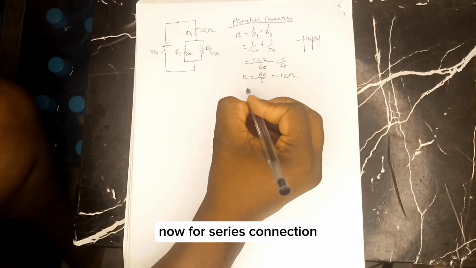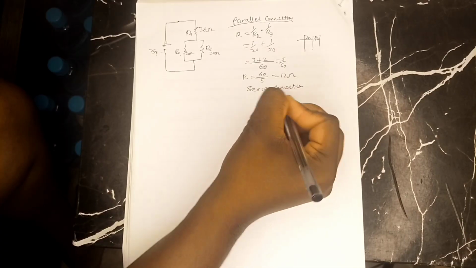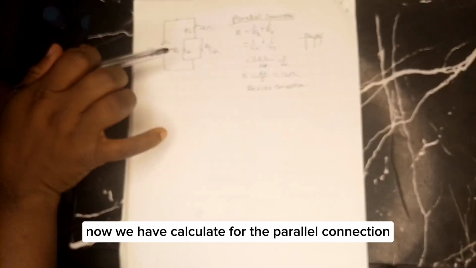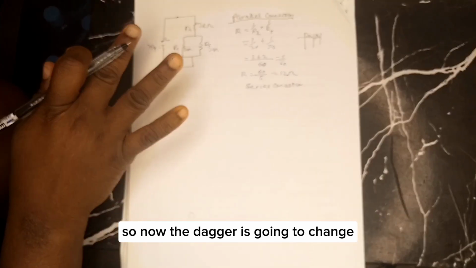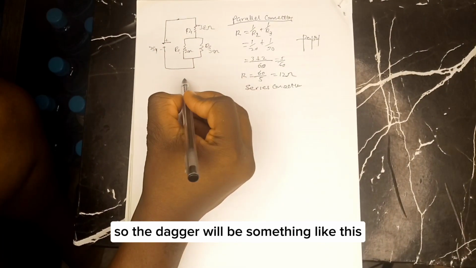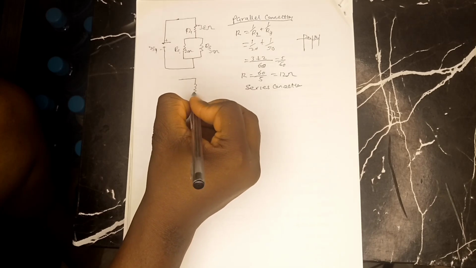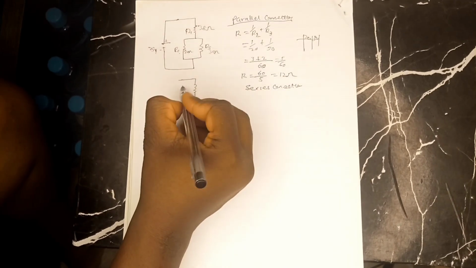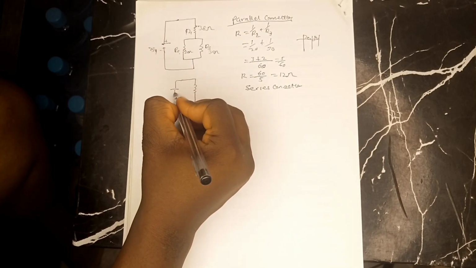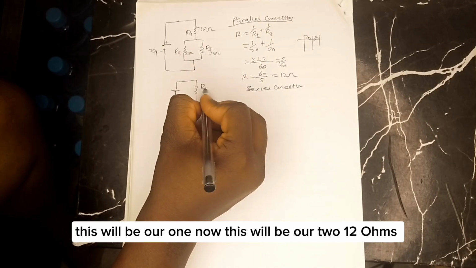Now for series connection, now we have calculated for the parallel connection. So now the diagram is going to change. So the diagram will be something like this. This will be R1.